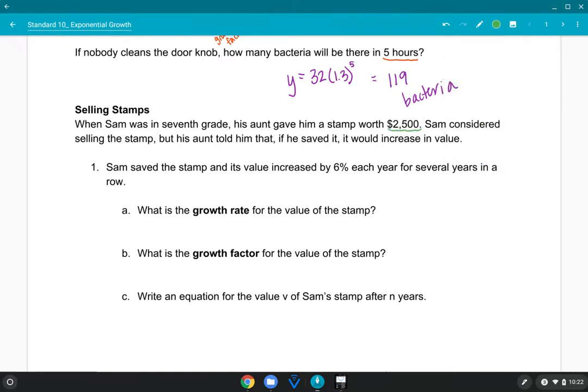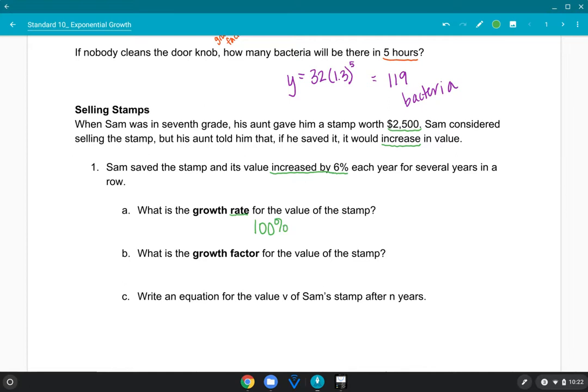And that it's increasing. Increase means growth. So Sam saved the stamp and its value increased by 6% each year. All right, so we're going to find the growth rate and the growth factor. When it says increased by, remember, the growth rate is a percent.